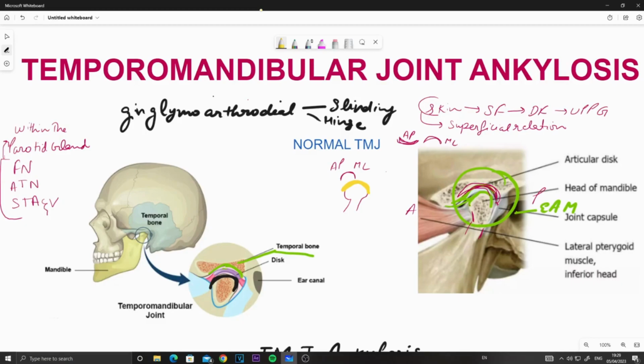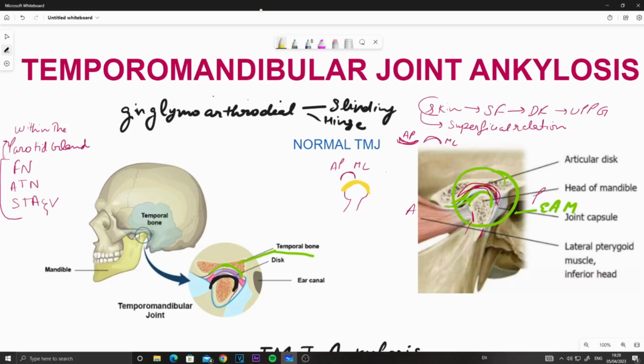Now this is the meniscus or articular disc, this purple cushion-like thing. It is present between the glenoid fossa and the condyle.